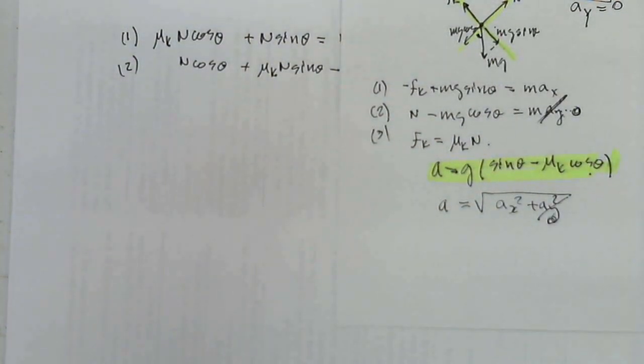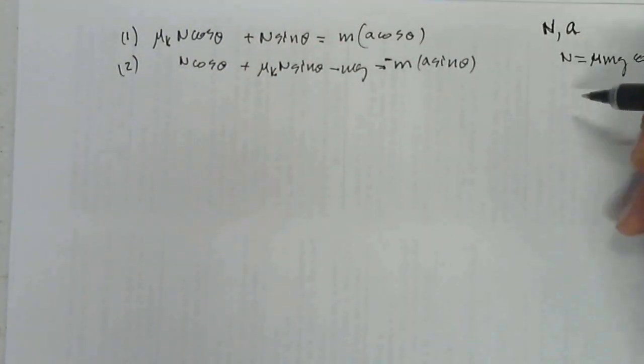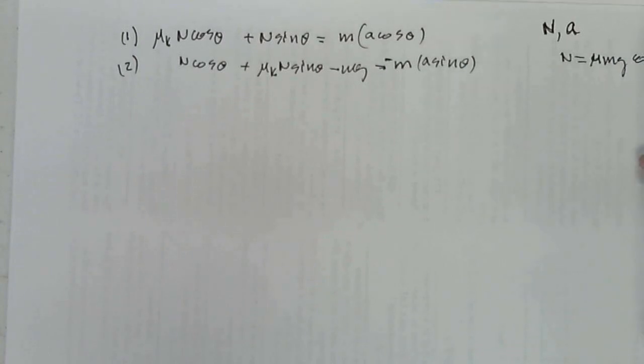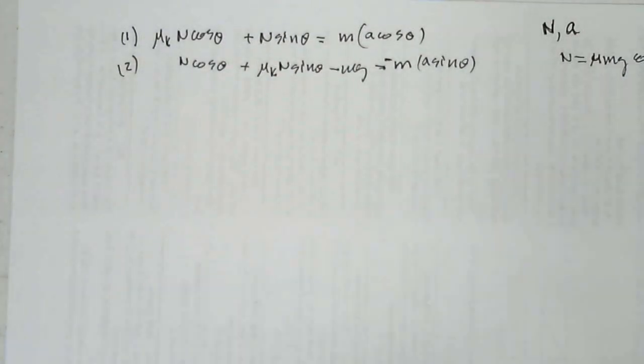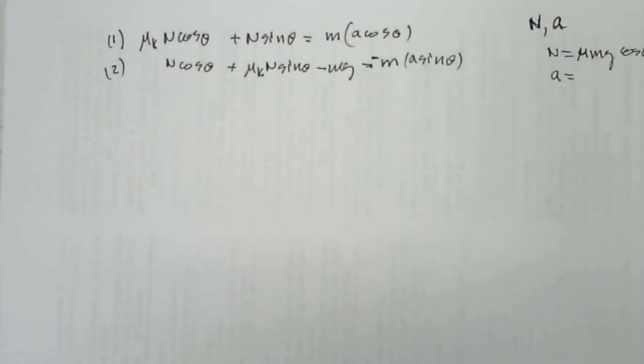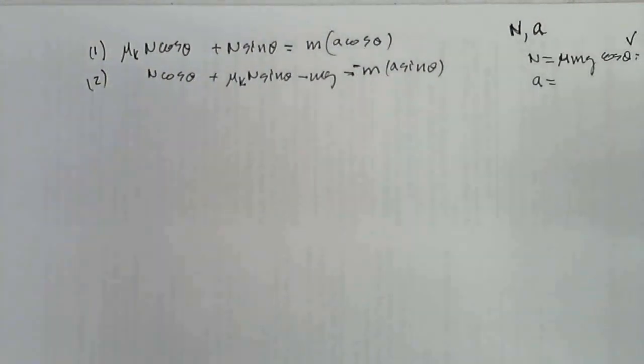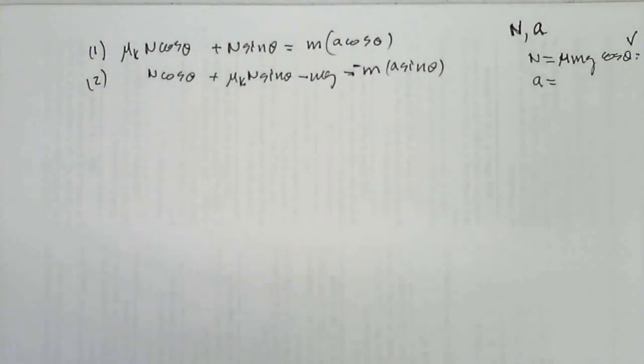So that's supposed to be the same answer as well. And so we are supposed to get that for n, and the same equation that we got yesterday for the acceleration.